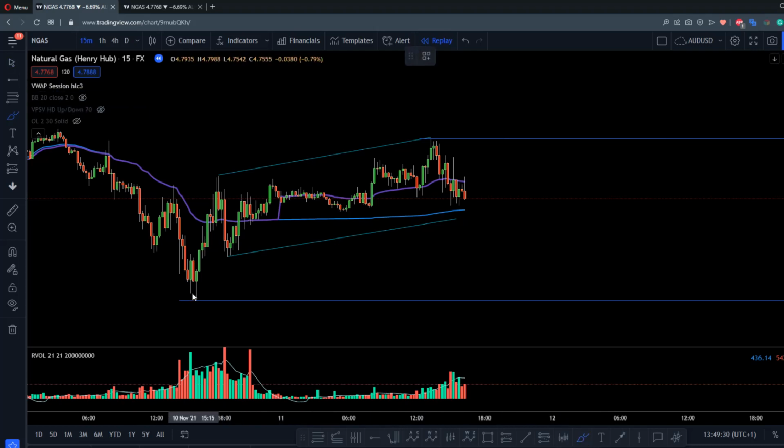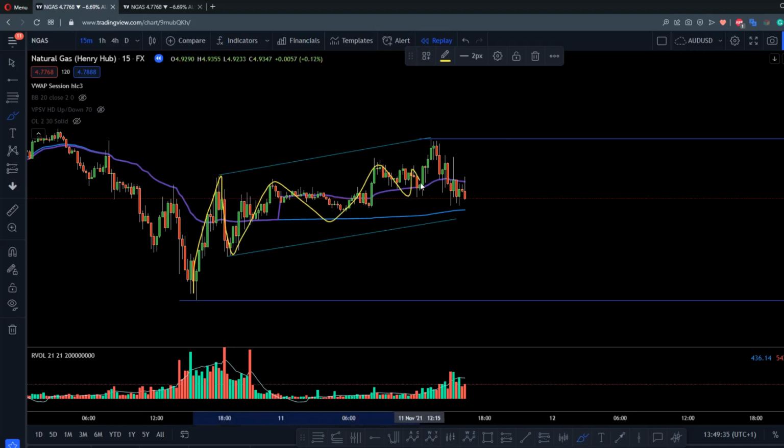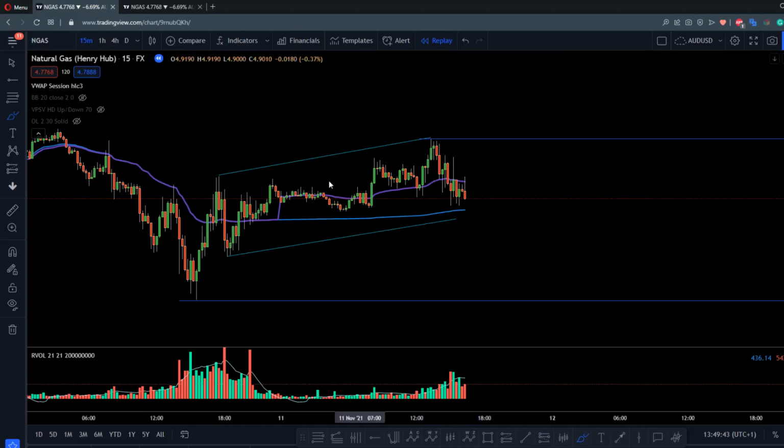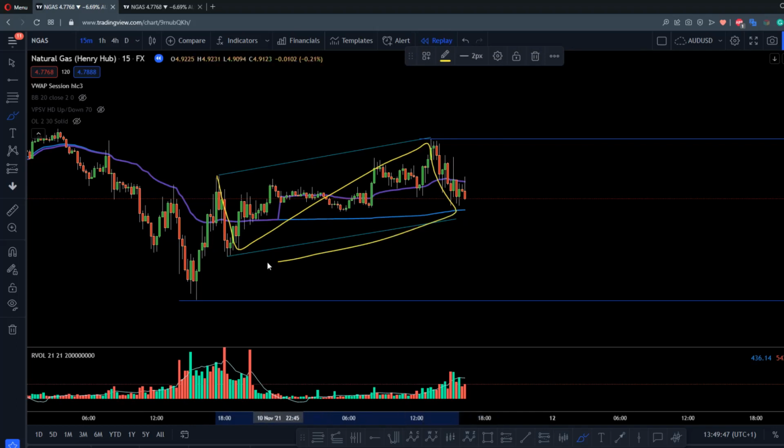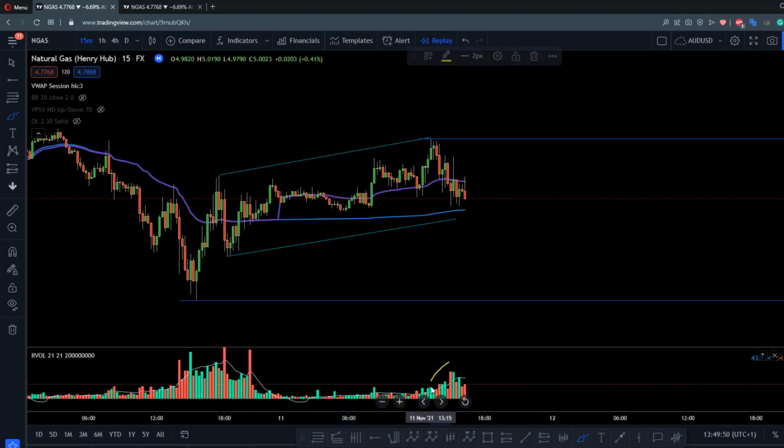Okay? Got this impulse. We gotta move down, and then we have this. This is very corrective. This looks like a B wave. And now we have another wave down here. So we have a 1, 2, a possible 3. Volume is elevated.